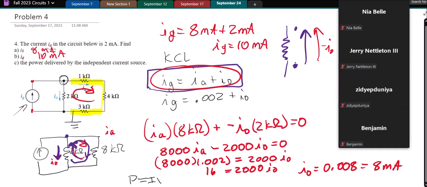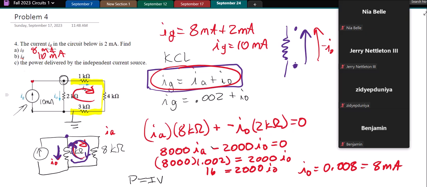And I know the current going in this direction for IG. I know what that is. It is 10 milliamps. What I need is the voltage change across this current source in order to find what the power is.